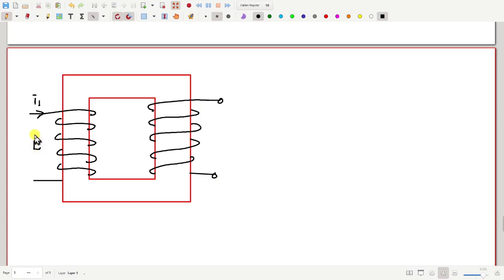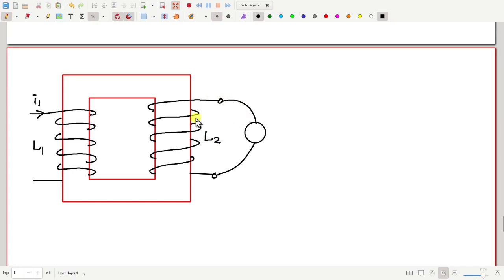But we have some inductance of the first coil. Let me call that L1. The second coil will also have inductance, and if I close this path, and if there is a source, then there will be some current, and then to get the value of current in the second coil, you need this inductance L2.